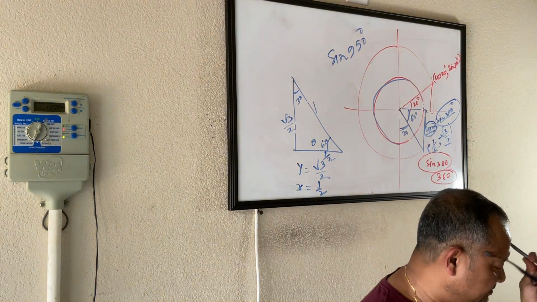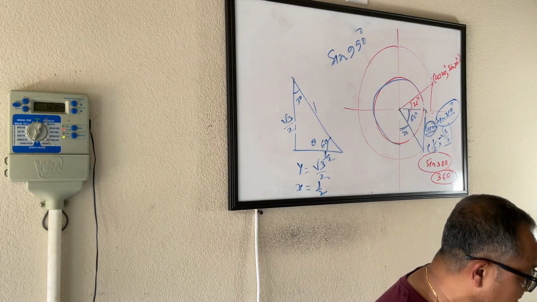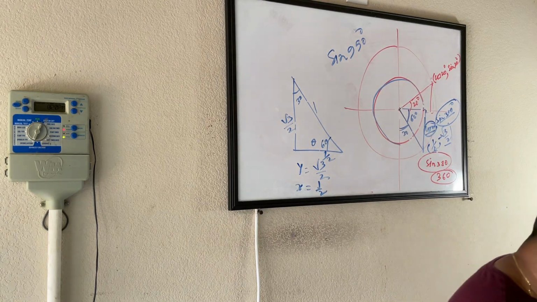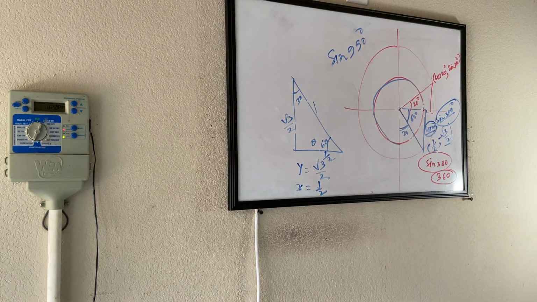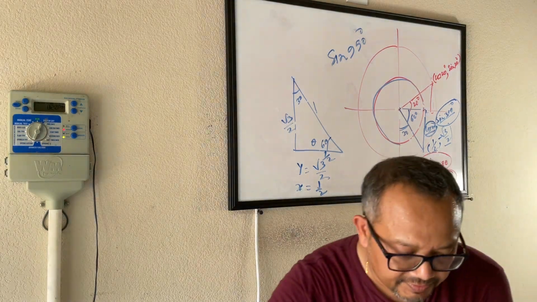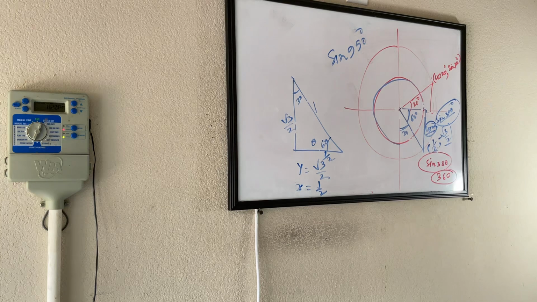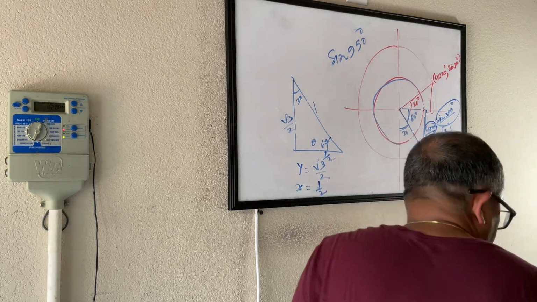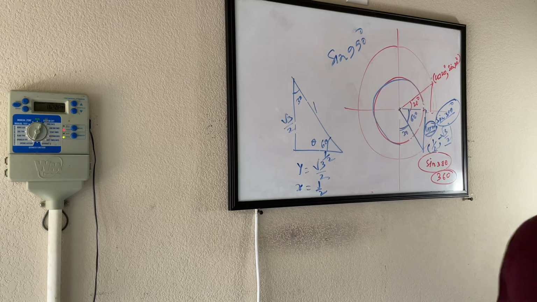What does it mean? Let's look at what we are trying to do. What we are going to learn: how do you compare multiple digit numbers?